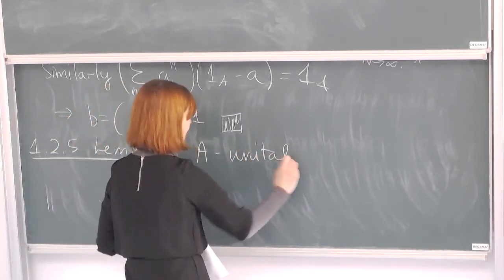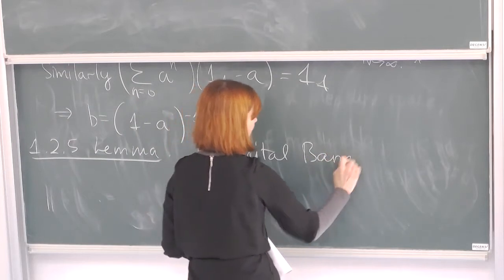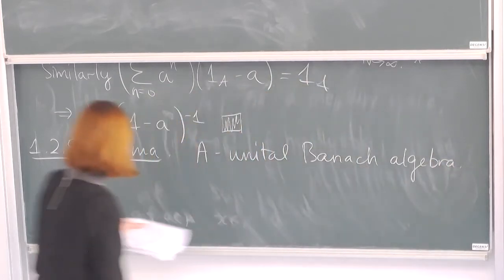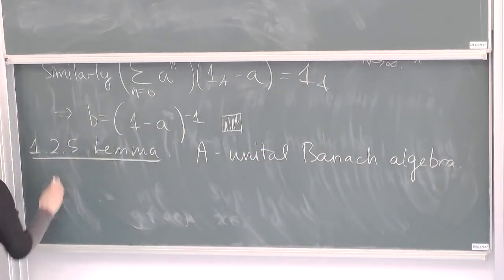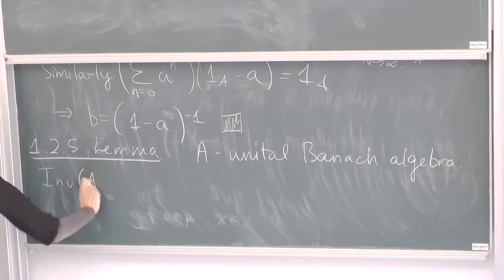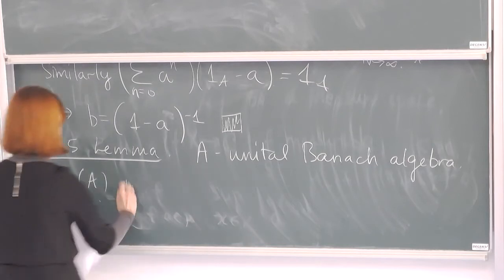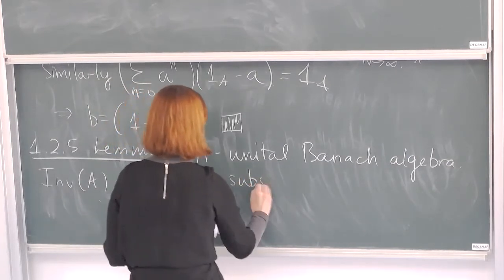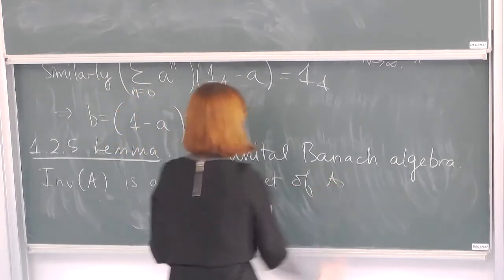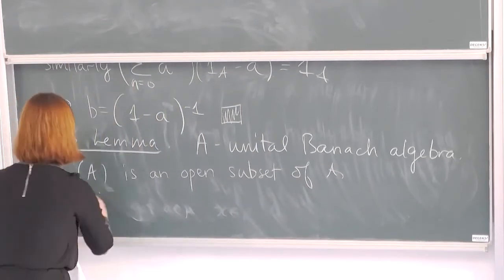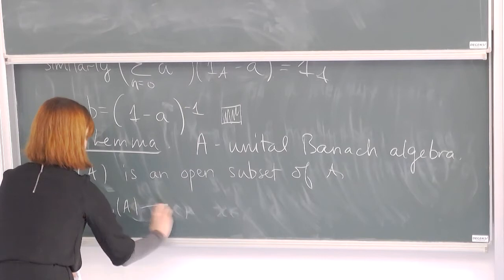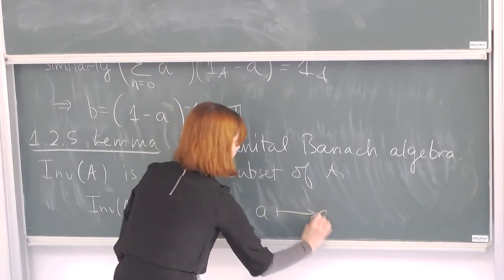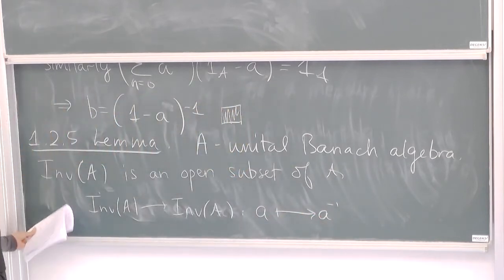still just considering the unital case, then the set of invertible elements is actually an open subset. And the map that takes an element to its inverse is in fact differentiable.